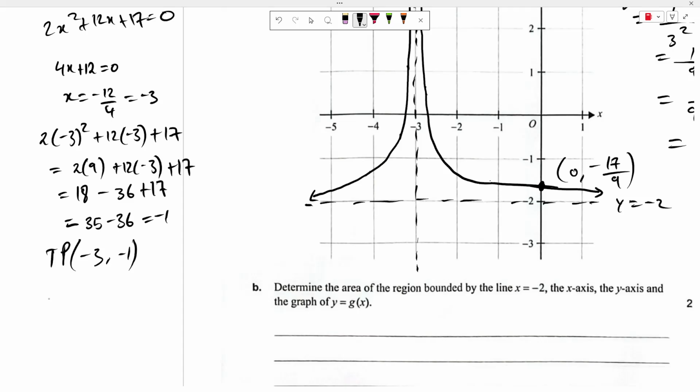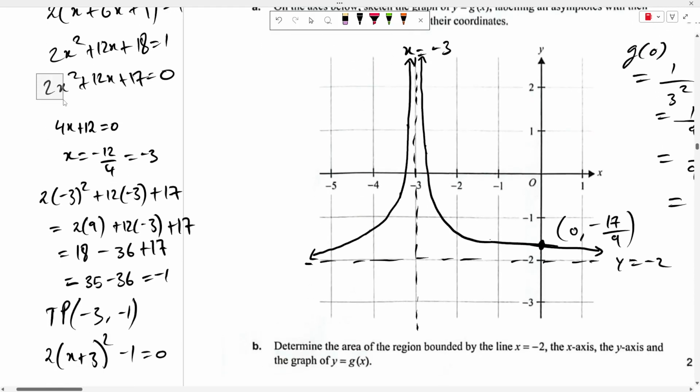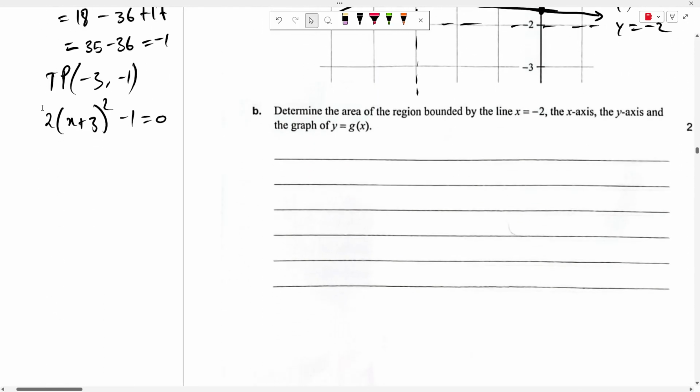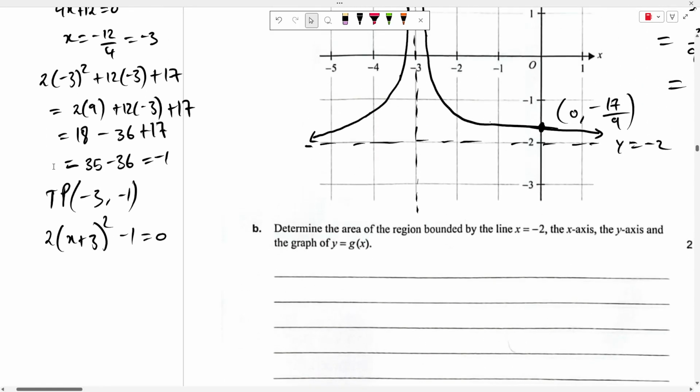So we can rewrite this equation as 2 times x plus 3 squared minus 1. And we wanted this to equal 0. So remember, turning point form has the coordinates of the turning point, and we just needed to take out this 2 at the front here. That's what we've done. So okay, let's try to solve this. We're going to get 2 times x plus 3 squared is equal to 1.